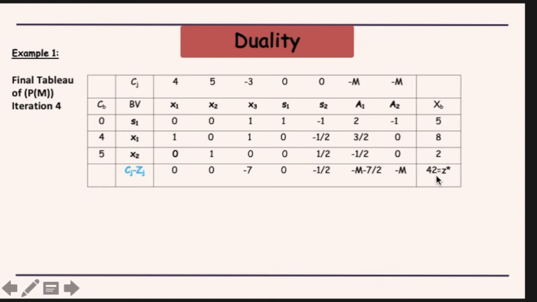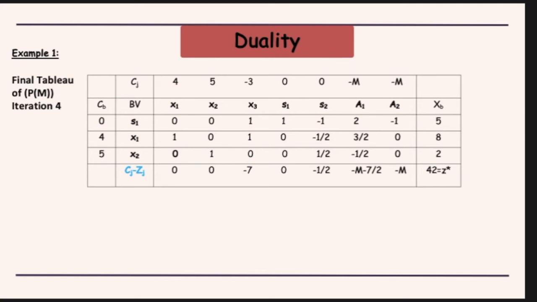The value of the objective function for the primal problem using the big M technique is 42, and this is the same as the value of the objective function of the original primal problem, because we do not have any artificials appearing in the basis. The artificials have left the tableau, and hence our problem is feasible. It has a finite optimal value, and this optimal value is the same for the original primal problem.